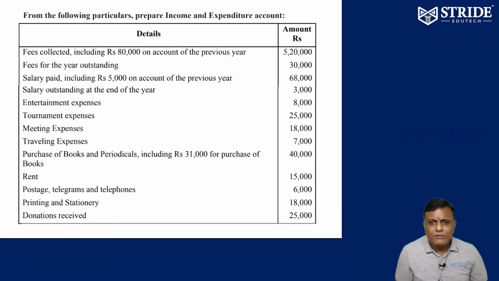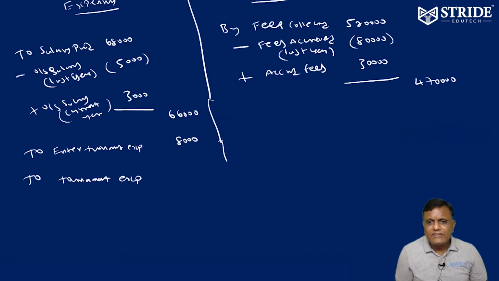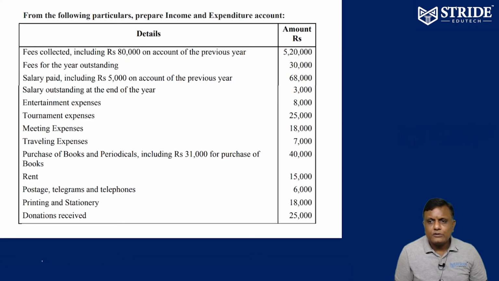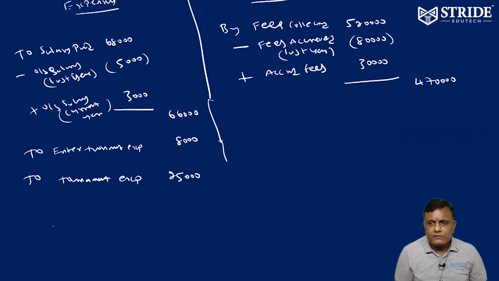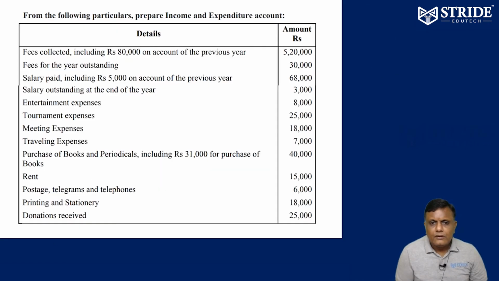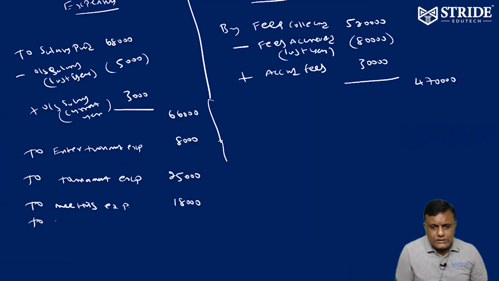Kindly check it out. Tournament expenses 25,000. Right. Meeting expenses 18,000. Traveling expenses 7,000.